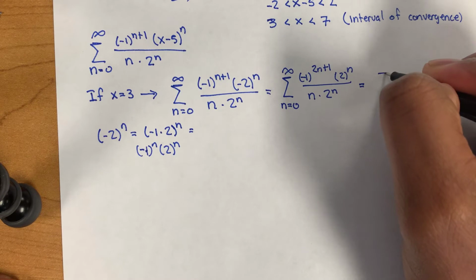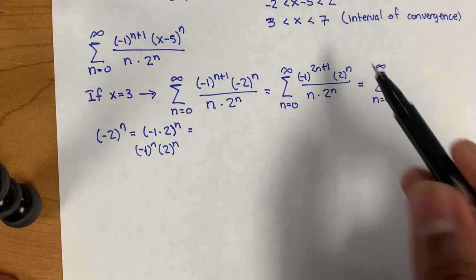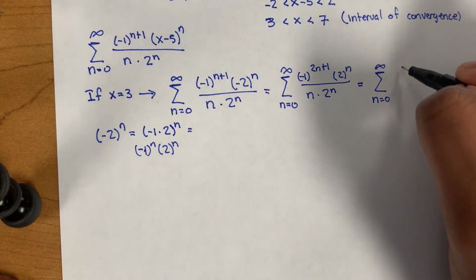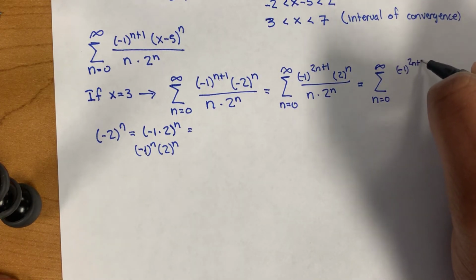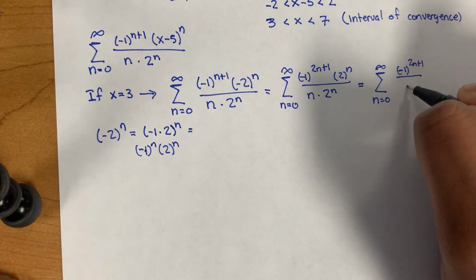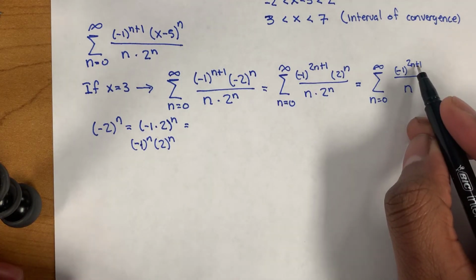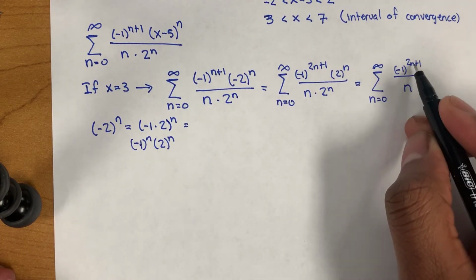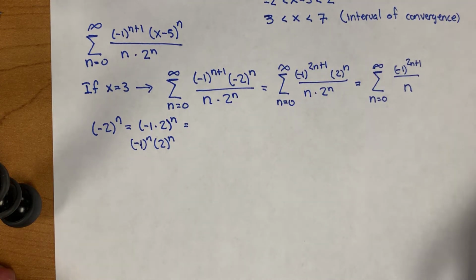This is the equivalent of having the sum from n equals 0 to infinity. The 2^n's cancel so that we have (-1)^(2n+1) over n. Since all of our terms are going to be negative, we don't even need the 2n plus 1, really. We can not consider it.